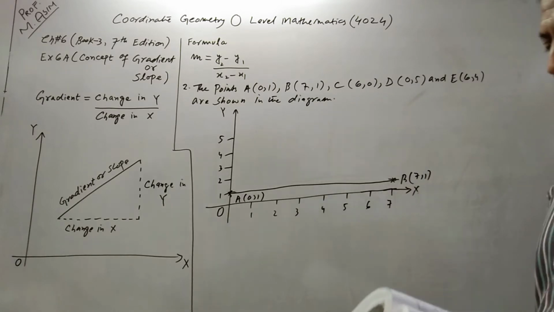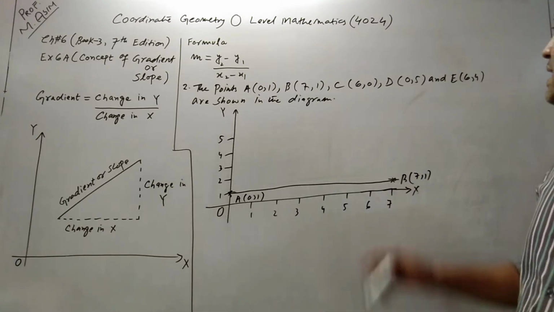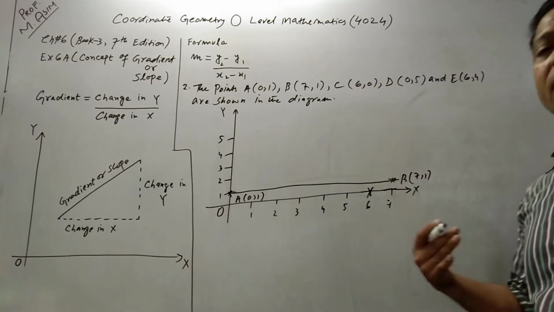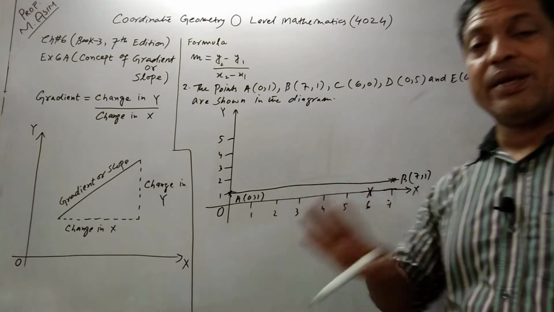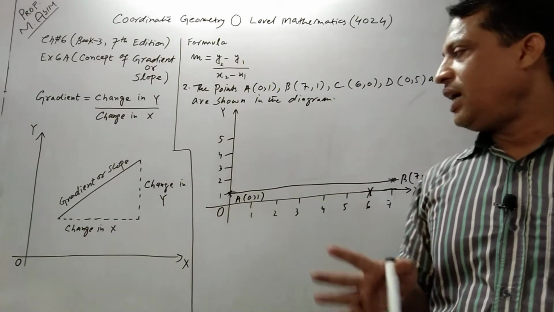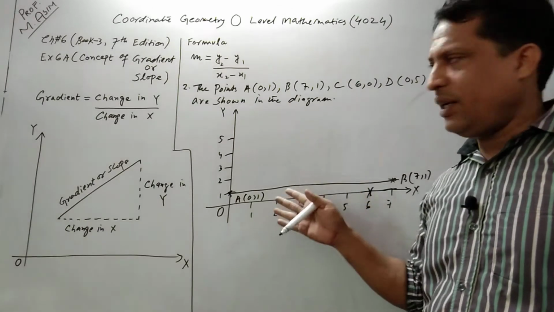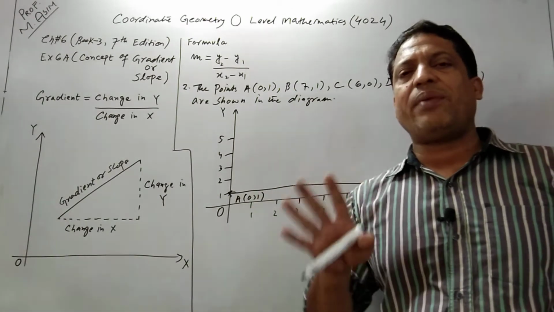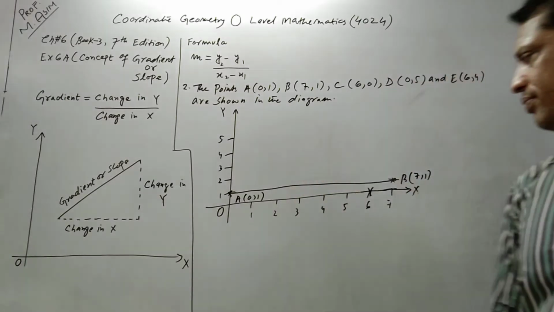See the next point, C. C is (6, 0). (6, 0) means this point. And you can see in the book the diagram is given, so you need not draw the diagram. But in order to explain this question completely, I am drawing the diagram. But drawing the diagram is not required in this question.